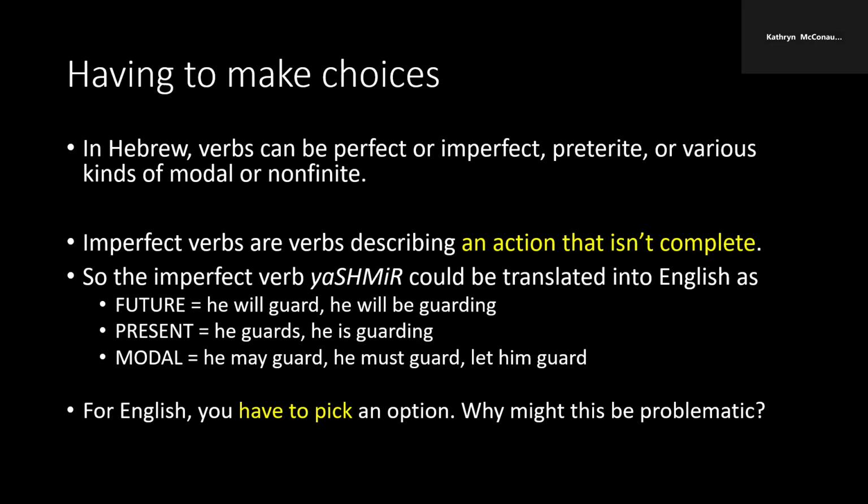You have to pick options where in Hebrew you would have had multiple options for how to understand a verb. So, for example, if in Hebrew you have an imperfect verb form like yashmir, we know there are a lot of different ways you can translate that into English, but in Hebrew, those are all one form. There can be some ambiguity. It's okay. But in English, you have to make a choice.